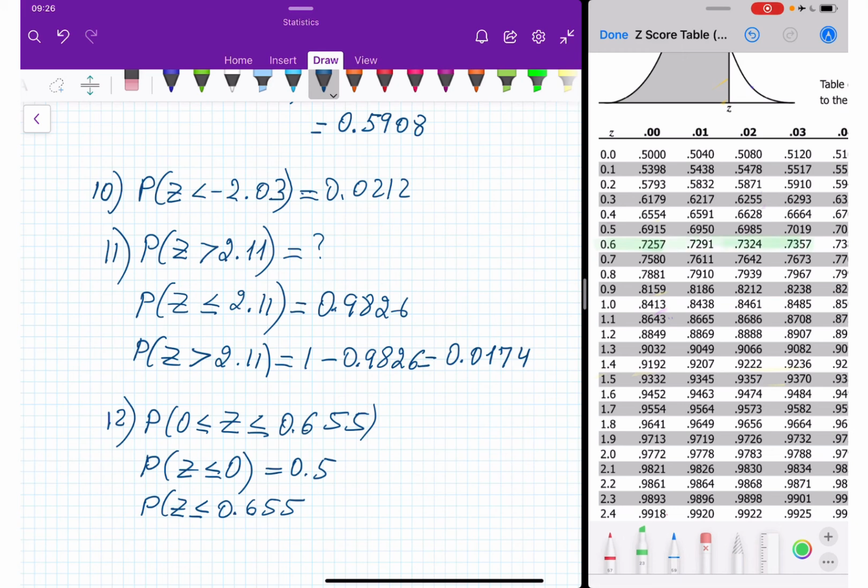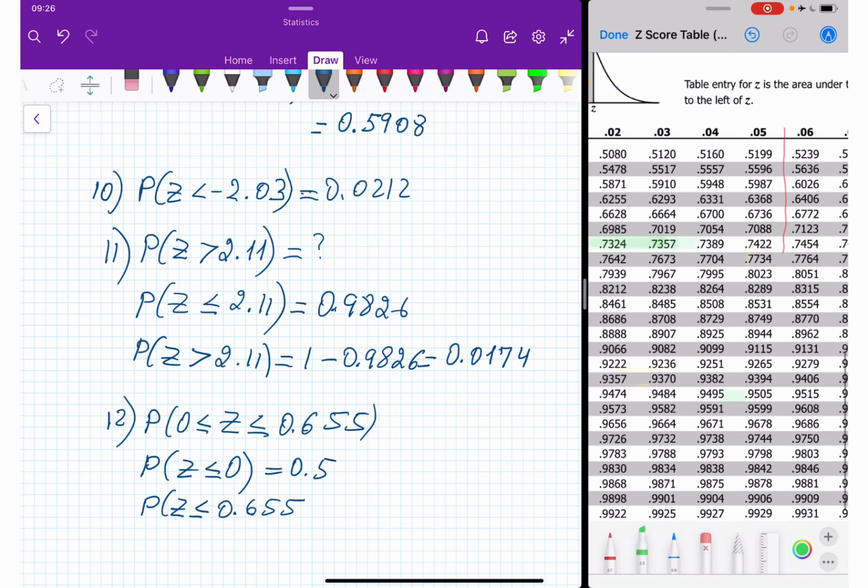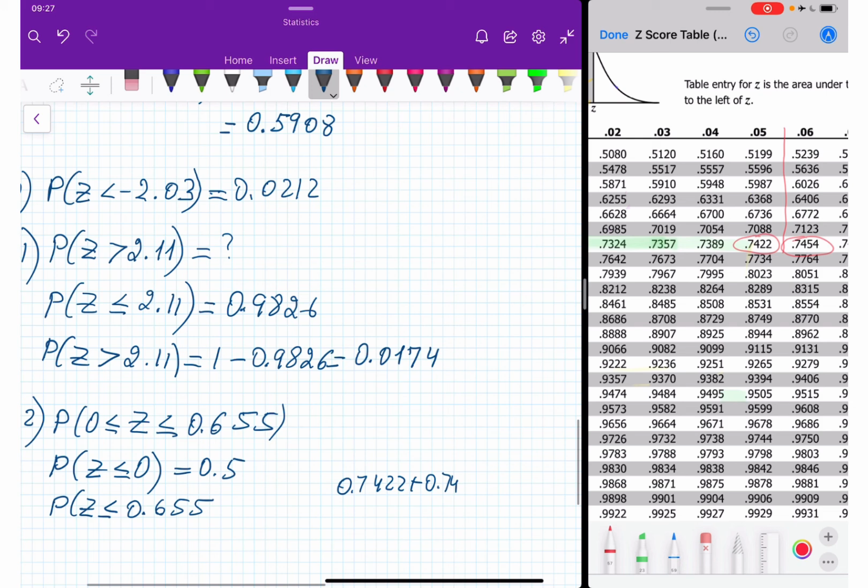Let's continue going until we hit right here. So we have 0.7422 and 0.7454. The middle will be, so we are doing 0.7422 plus 0.7454, and divided by 2.